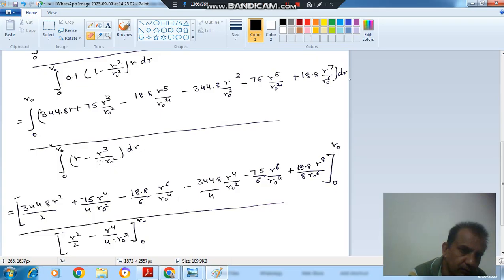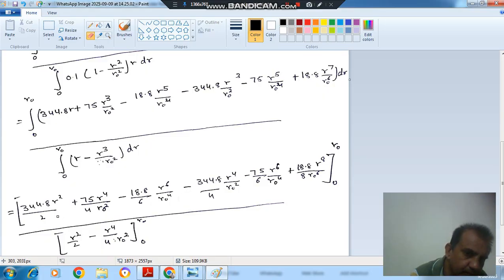It will be r²/2 here, r⁴/4 here, r⁶/6 here, r⁴/4 here, r⁶/6 here, and r⁸/8 here. Okay, so we have r² here.